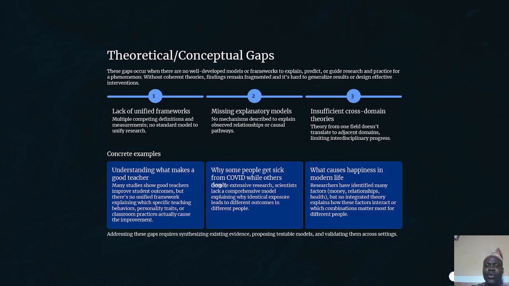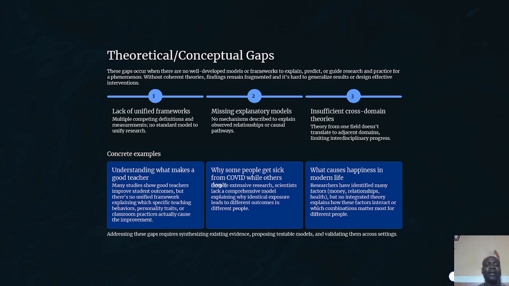So there could be no extensive research for it. We can say what causes happiness in modern life. There is research that has looked at money, relationships, health, but there is no integrated theory to explain the interactions of these factors and which combination matters most to different people.